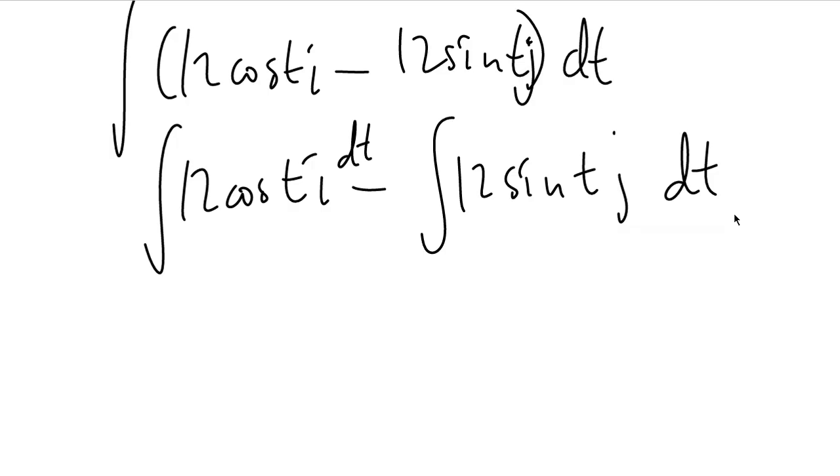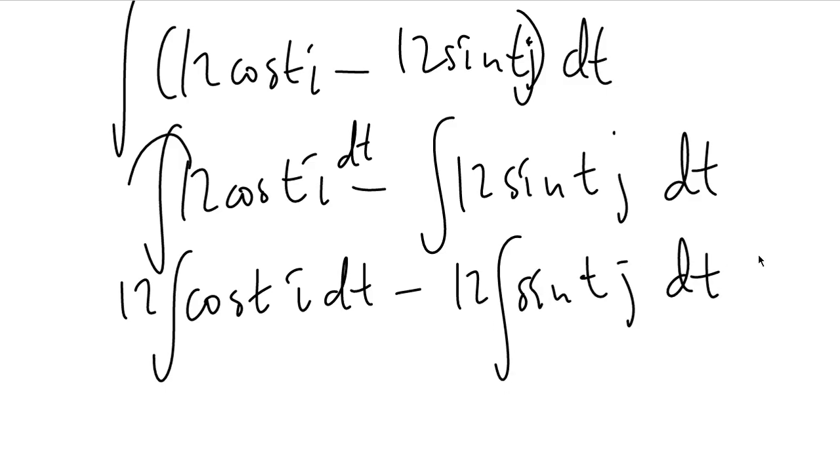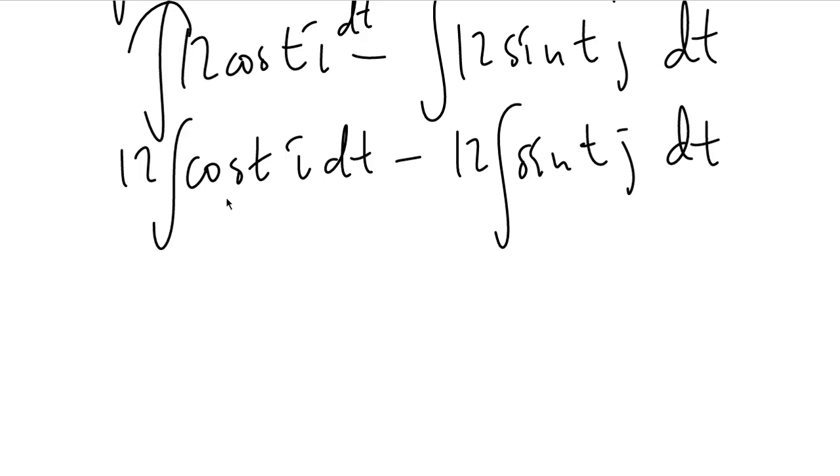So with this now, what are we then going to have? We can bring the constants backward, and then we have 12 integral of cos t i dt, negative 12 integral of sine t dt, right? So what is this going to be? The integral of cos t is going to be sine t, right? So that's going to be 12 sine t i, and then negative 12.